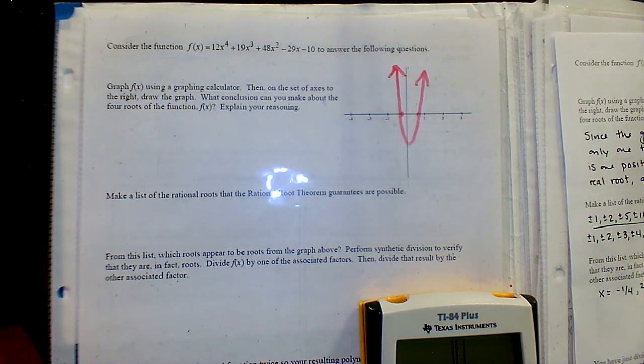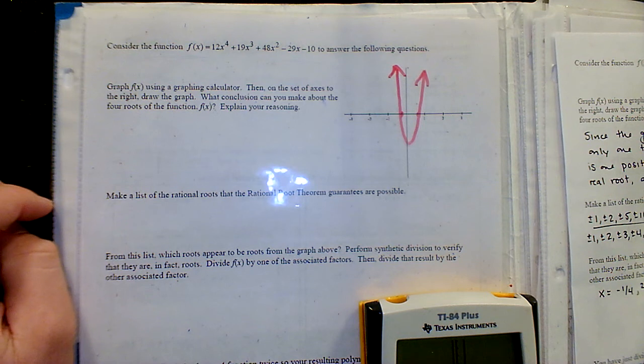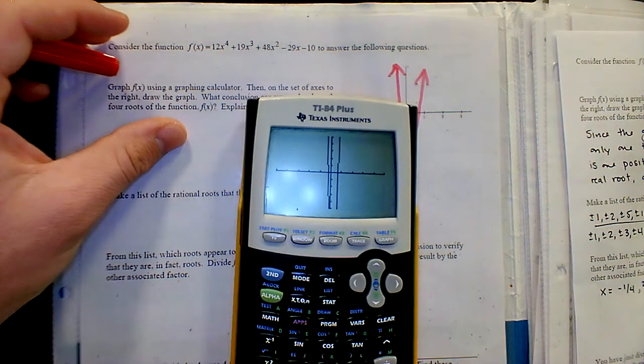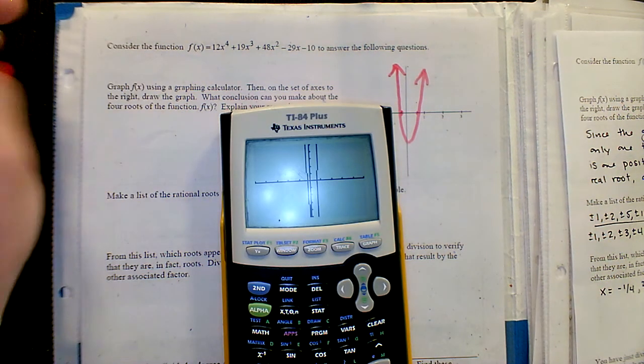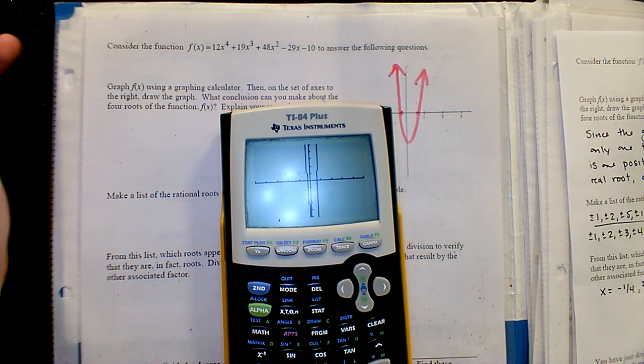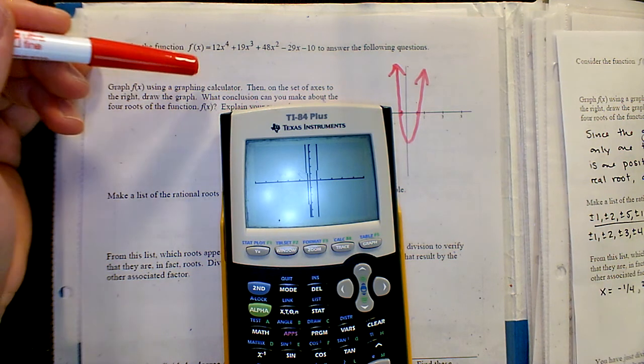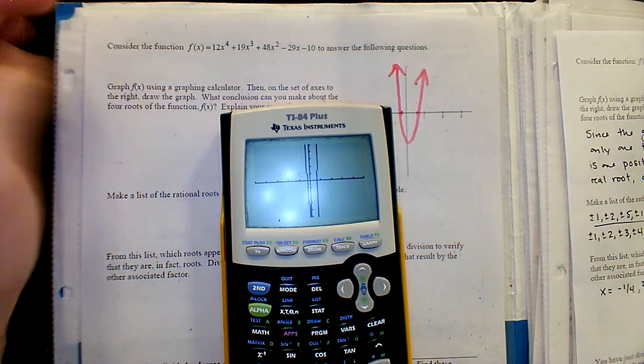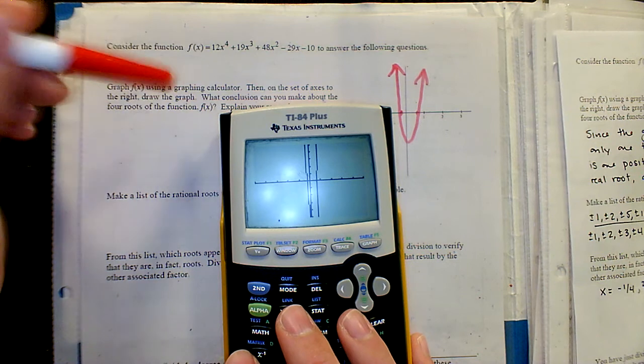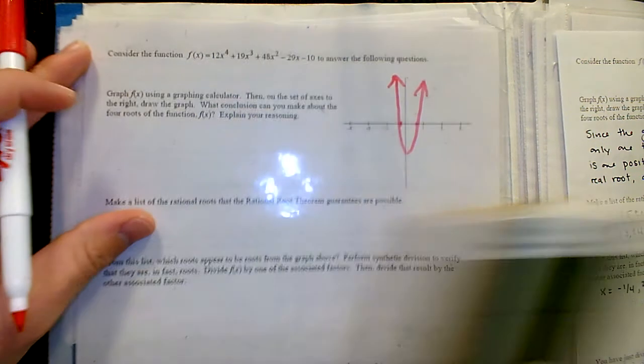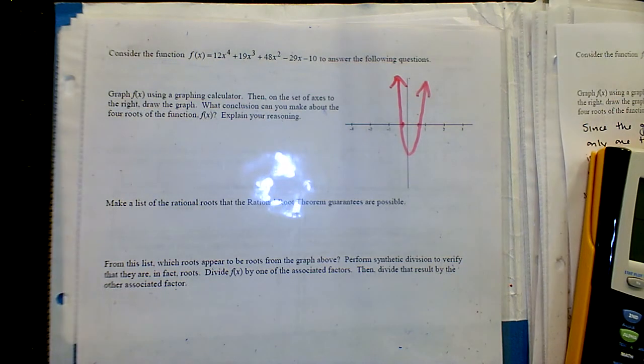Now, with our window, if you have your window from negative 5 to 5, the bottom of the graph is actually cut off. With it cut off, we don't know where it's actually touching the y-axis, but if you look back at the original function at the top, where should this cross the y-axis?